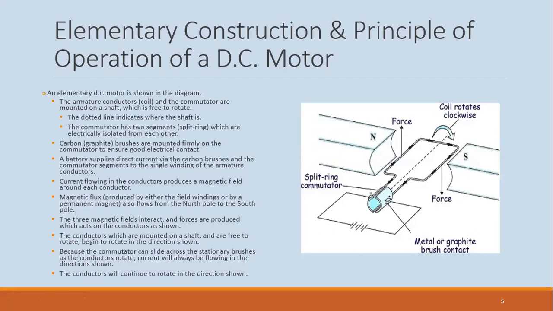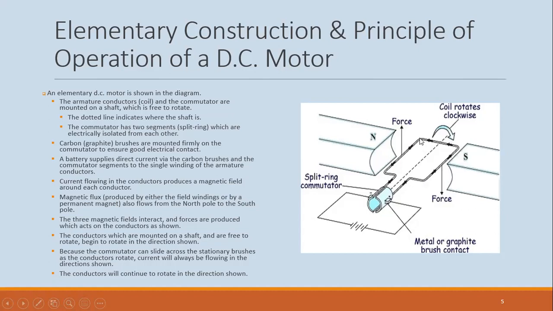All right, so basically we're looking at the principle of operation of the DC motor. So remember what a motor does. It converts electrical energy into mechanical energy. So some current now will be going into the armature conductors via the commutator.